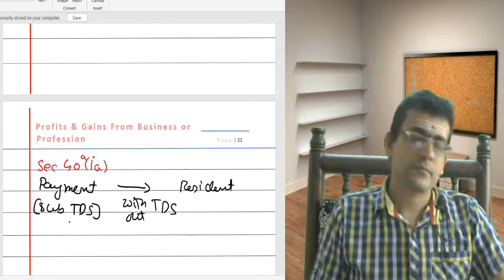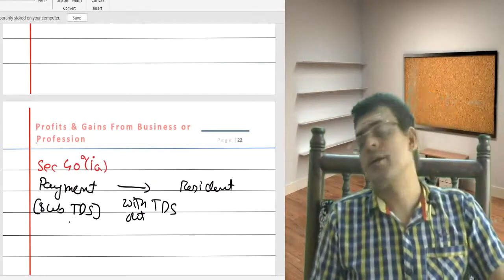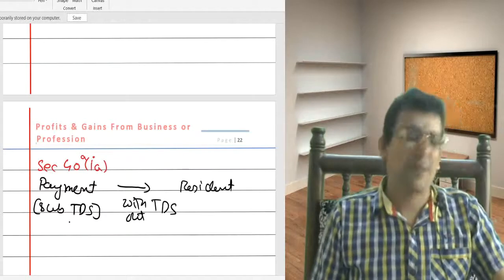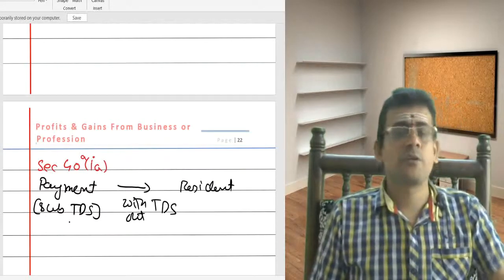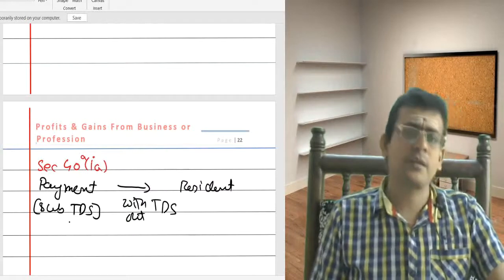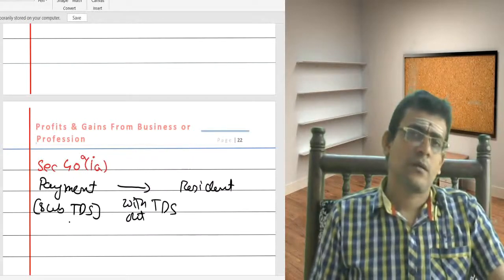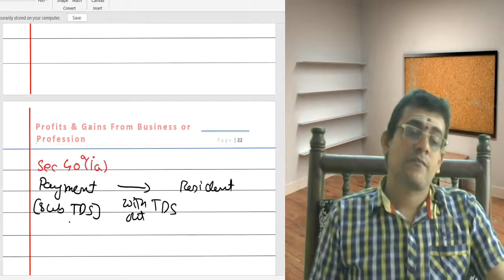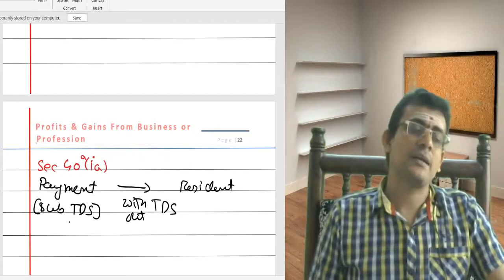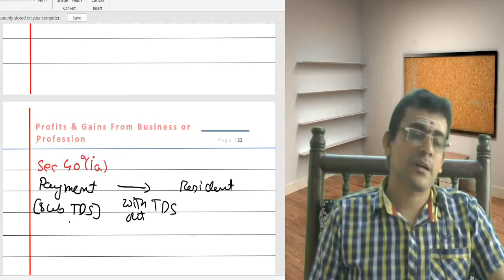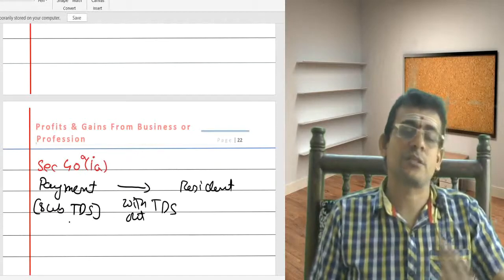Say rent, you are making payment of rent as per 194I. Of course we'll discuss that. 194I, the rent is subject to TDS. If you pay the rent without deduction of TDS, ultimately 40A subsection 1A is applicable if the rent is paid to a resident.